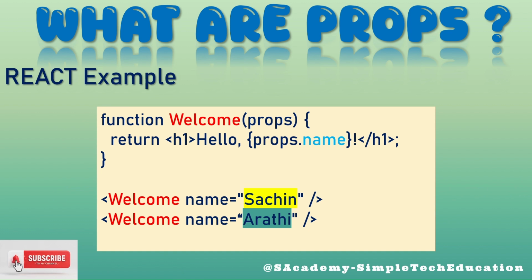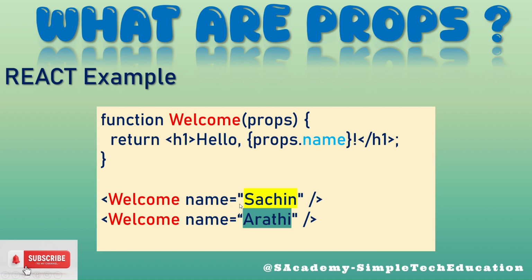Now coming to a React programming example, here we have a function with the name welcome and we are passing props to this function. This function returns hello and whatever information we pass into props.